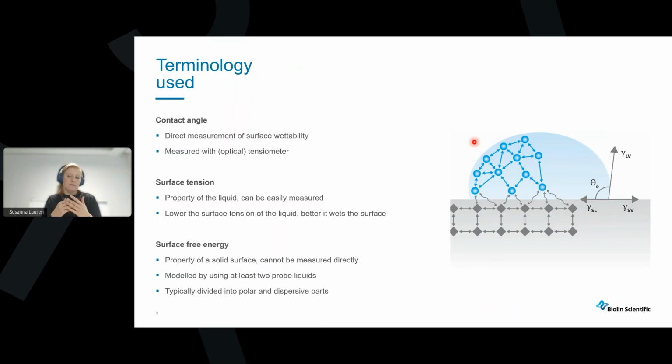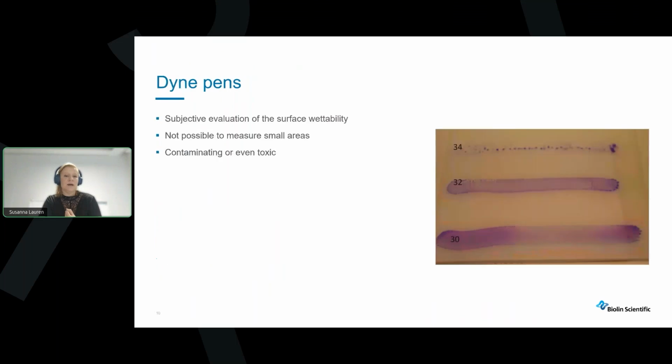Now, if we think about plasma treatments and how traditionally the efficiency of plasma treatment has been evaluated, it's by using dyeing pens or inks. How these work is that you have a set of these different dyeing pens or inks, and you draw a line with the ink to your surface.